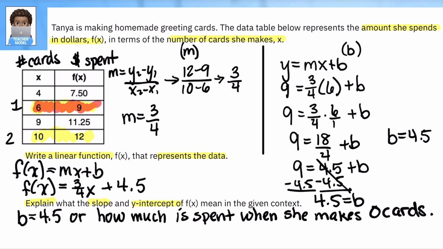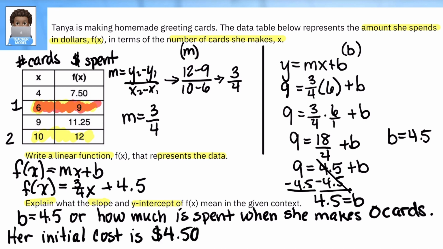In other words, that's our initial value. Her initial cost is $4.50. So notice I'm putting that into context as we're talking about money, and that's what the units are. So 4.5 represents $4.50, and that's how much she spends from the very beginning before making any cards. That's her initial cost. So what does the 3/4 mean in this context?